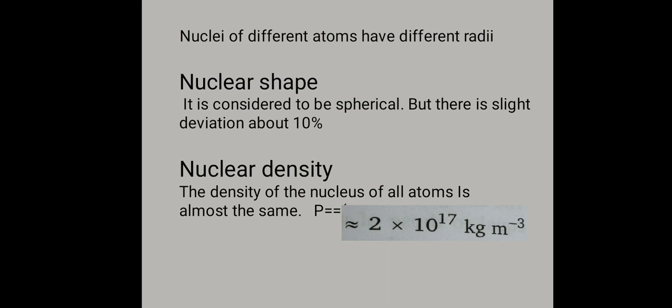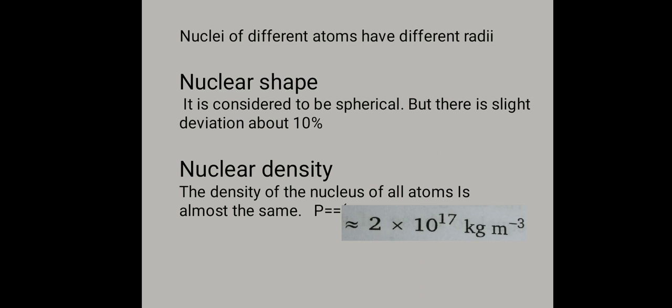Next is nuclear shape. In most cases, we consider the nucleus to be spherical, and there is a slight deviation. It is not exactly a sphere, but the deviation is only about 10%. Now nuclear density.